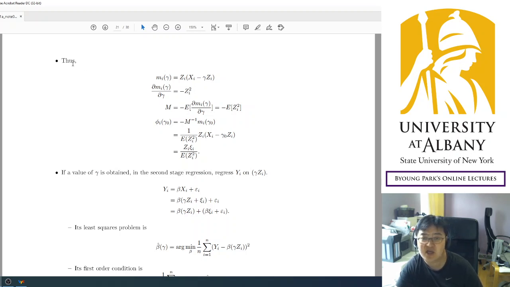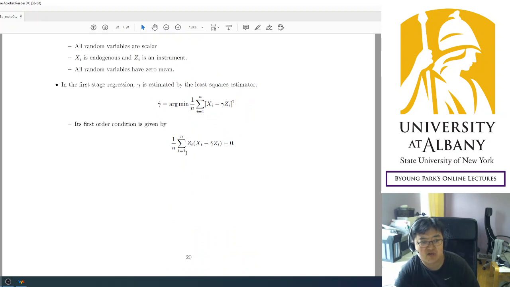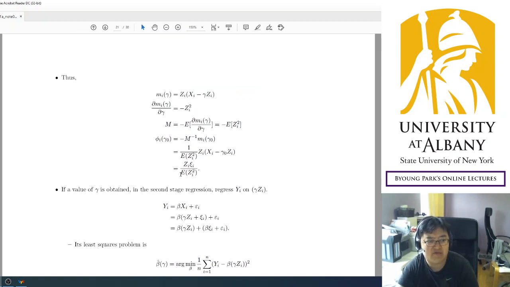The first stage theory is implied by the theory we learned in chapter 3. In chapter 3, as I explained, from this function you Taylor expand that function to a linear function, and then apply some convergence theorems. Then you obtain asymptotic normality. That's what we did. Through the same procedure, you have some key functions like this: derivative, simple, and the influence function we derived in the previous video is given by this.